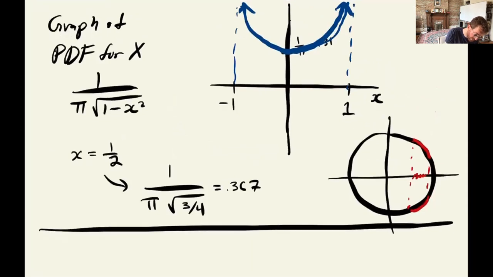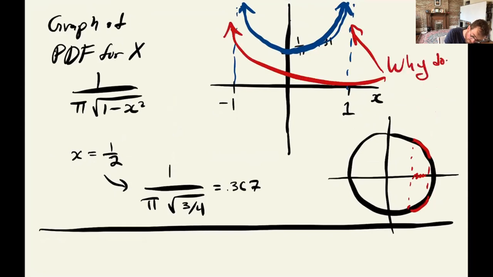So the question you want to ask yourself is, why does this make sense as x approaches plus or minus 1? And I want you to consider that cartoon there.